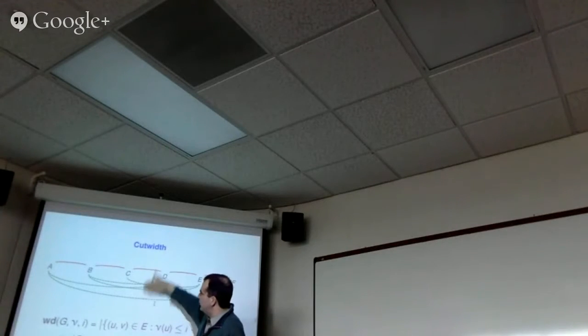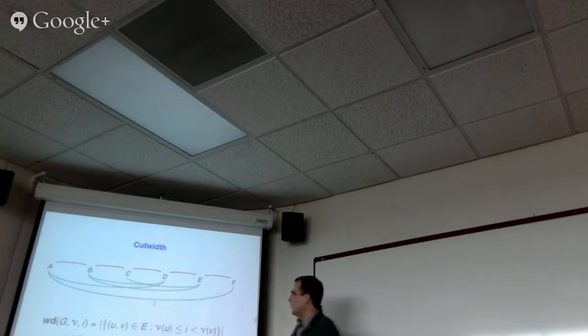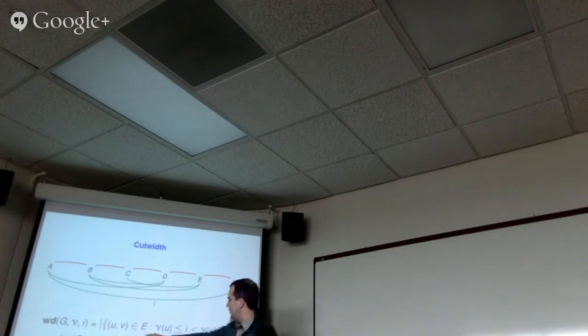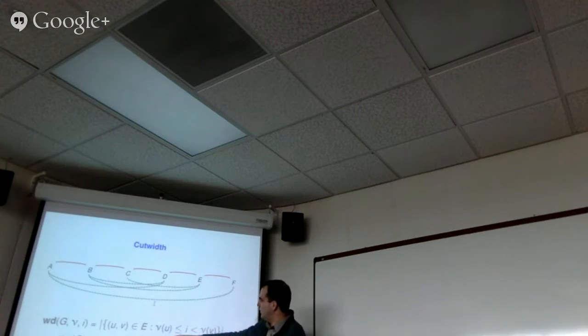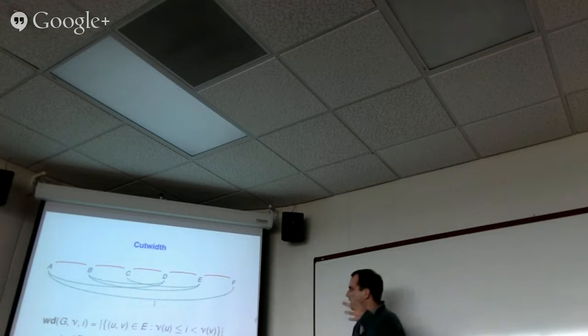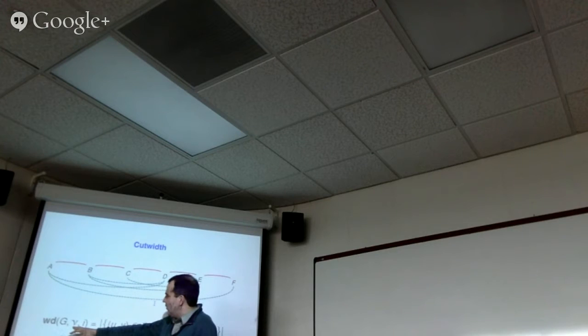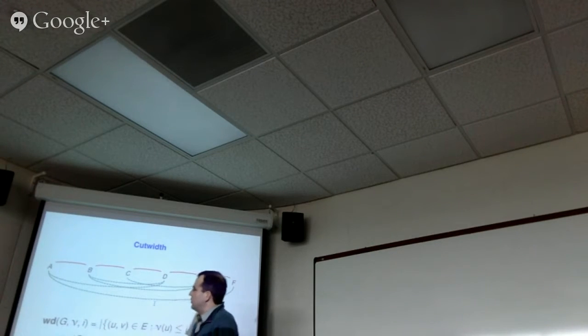So i would be i equals 3. And we cut it here. And the width is how many edges cross that point. So for all the edges in the graph, how many have one vertex to the left of i and one vertex to the right of i? Okay, so that's the width of a graph and a linear layout at a specific position.